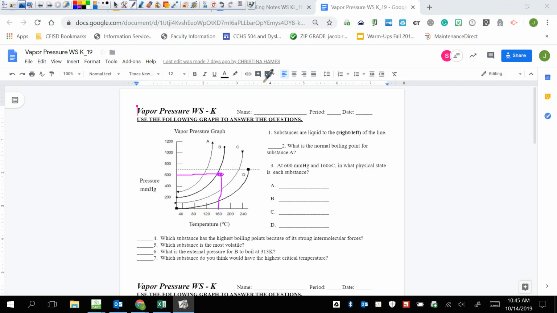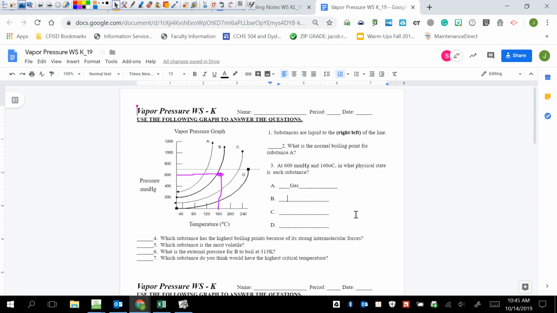So when we're looking at each individual substance, we need to compare where that line is, okay? So if we're looking at substance A, we look at that point and we go, oh, that temperature and pressure is to the right of the condensation line. So what phase would this be? Just like the phase change graph, if it's to the right of that line, it's a gas. A and B, we can see that it's also to the right.